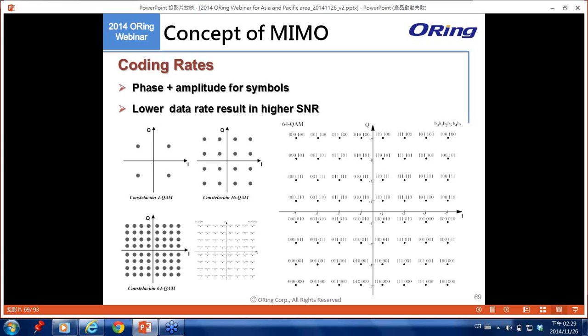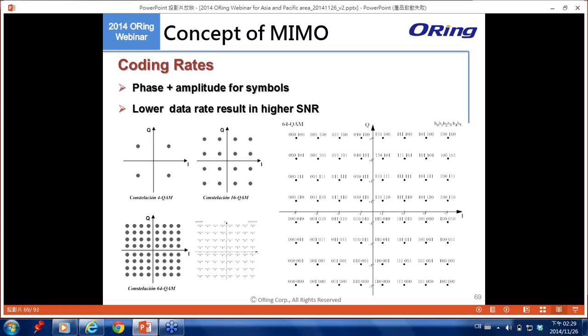The modulation for lower data rates has higher tolerance against noise interference. For higher data rates, you can see the distance between neighboring symbols is much closer than at the lower data rates. Then interference will easily cause detection errors. That is the data error.